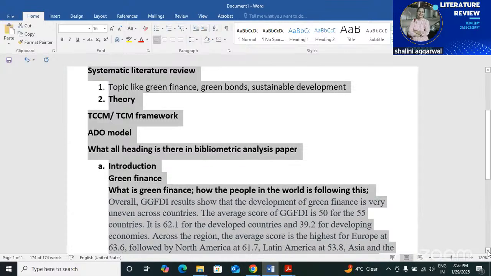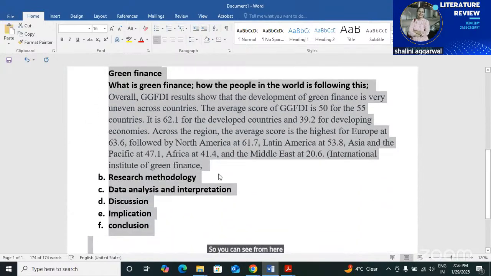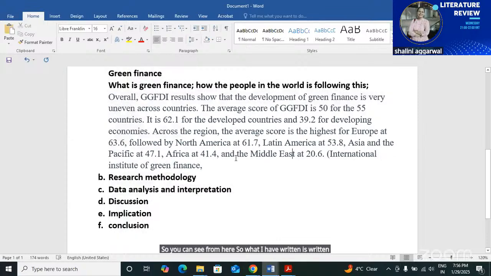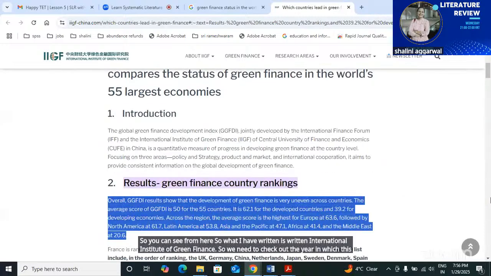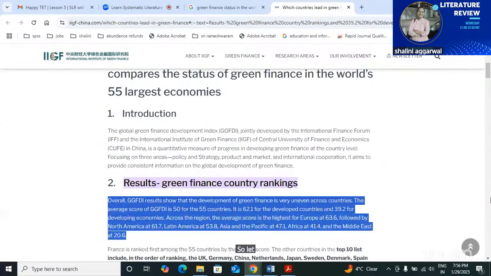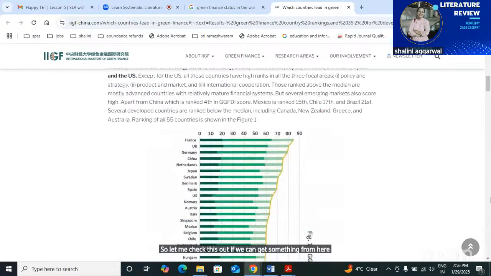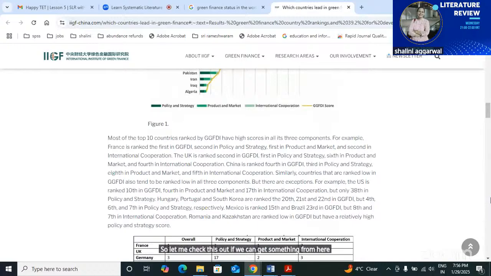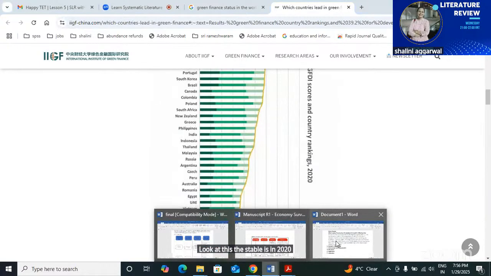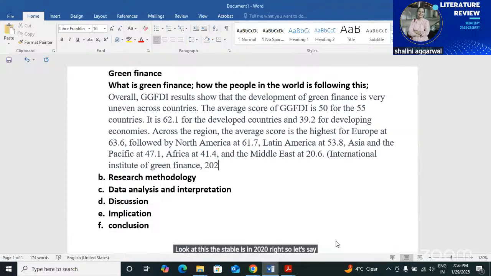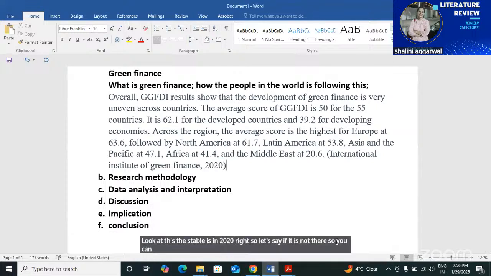So you can see from here, what I have written is International Institute of Green Finance. So we need to check out the year in which this report has been written. Let me check if we can get something from here. Look at this. This table is in 2020, right? So let's say if it is not there, so you can put it like this over here. So this is in-text citation, right?